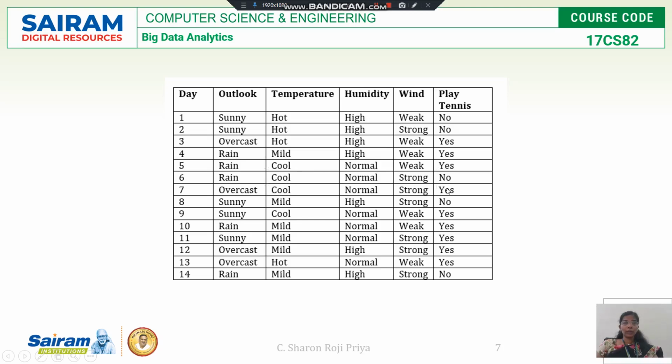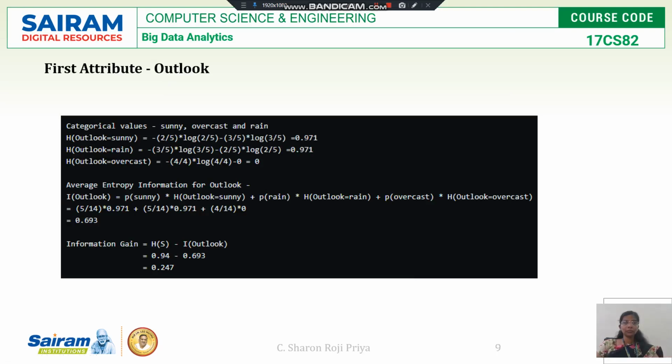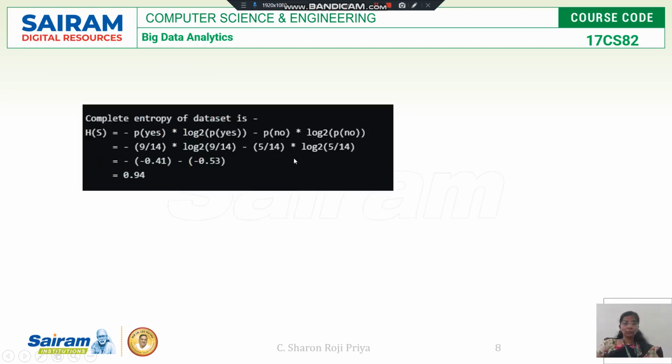Rain, no, negative. Rain, yes, positive. And rain, no. So 3 positive, 2 negative. So it should be minus 3 by 5 log 2 of 3 by 5 minus 2 by 5 into log 2 of 2 by 5. Calculate the value, you will get 0.971.